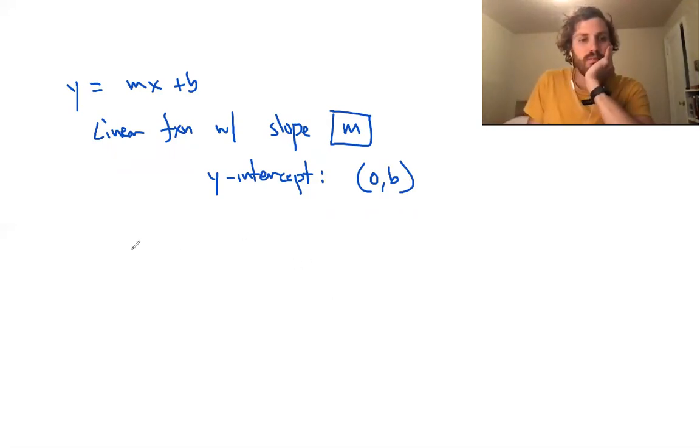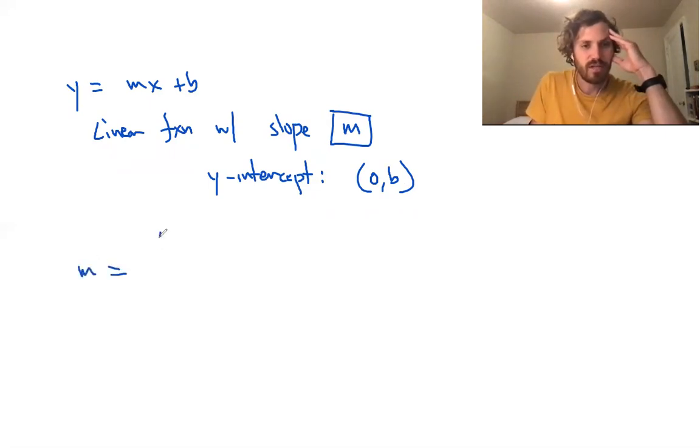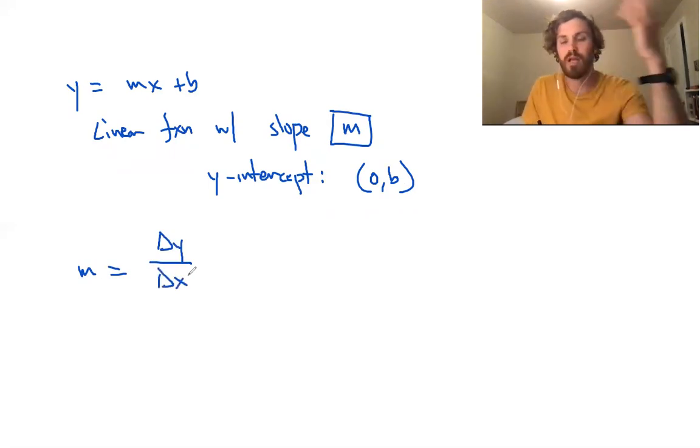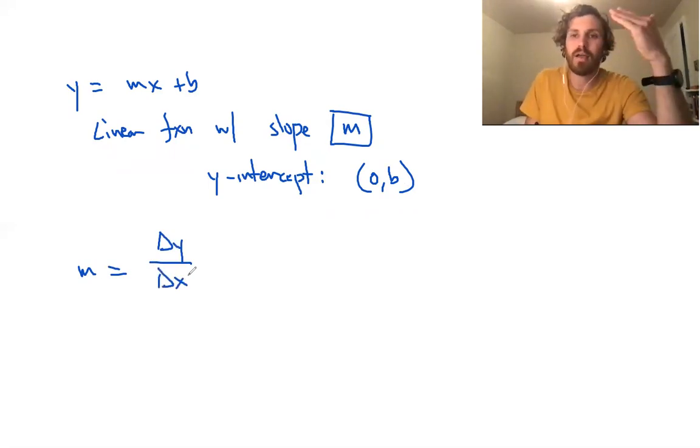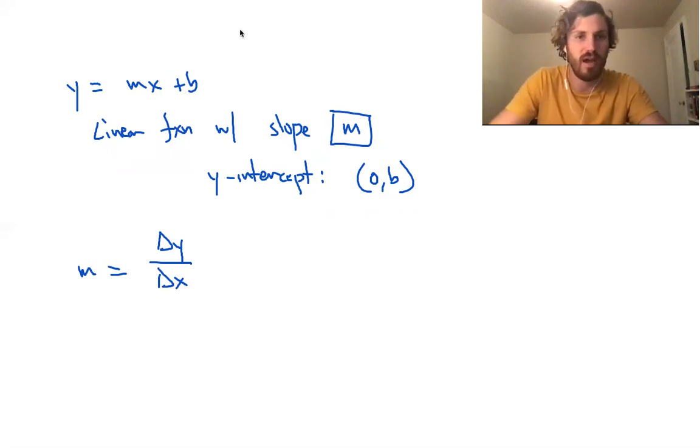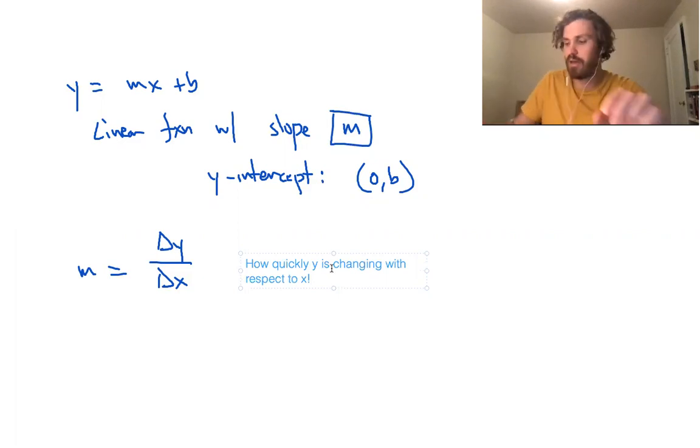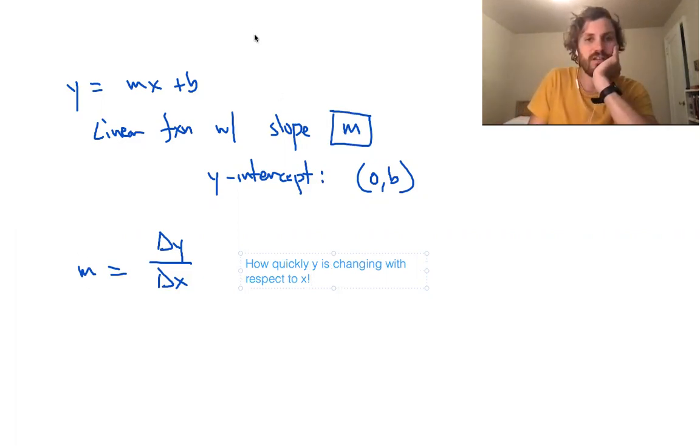Okay, so we define slope, of course, m to be change in y divided by change in x, or the rate of change, how quickly y is changing with respect to x. So I'm going to write that down here. How quickly y is changing with respect to x. And this is a constant rate of change in this case.